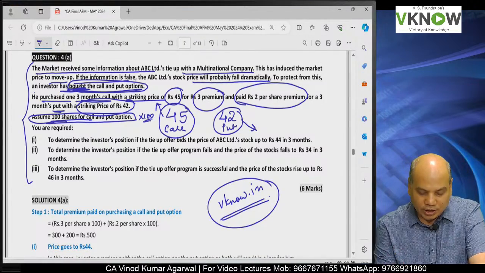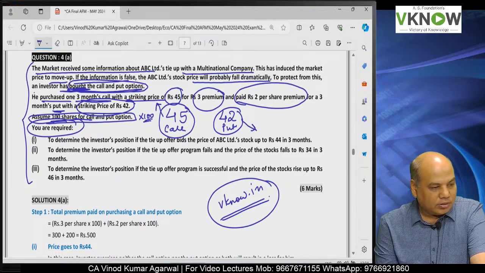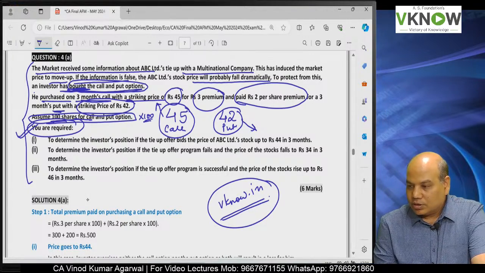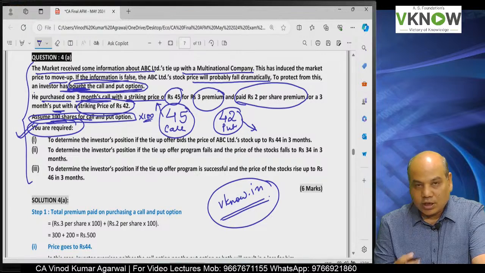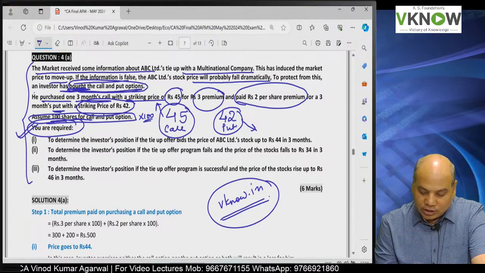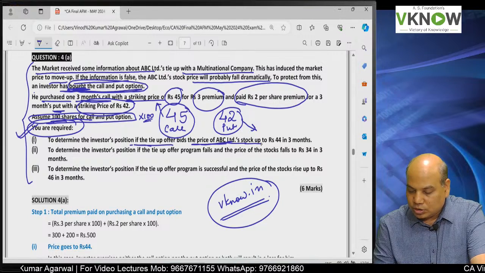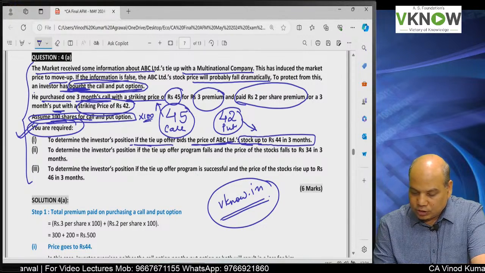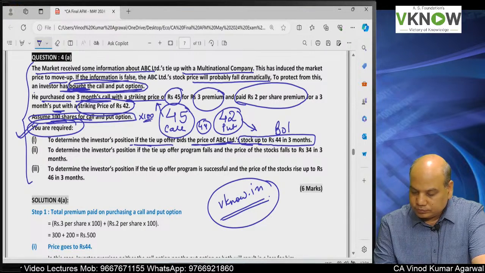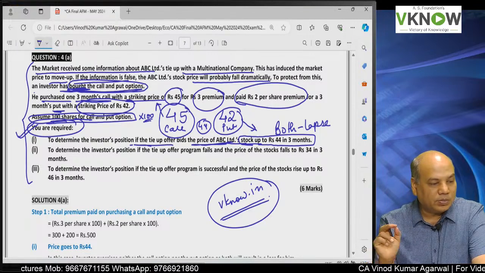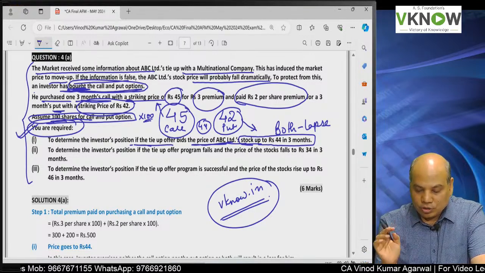You are required to determine the investor's position if the tie-up offer bids the price of ABC stock up to 44 rupees in 3 months. 44 is somewhere between these two. Both options will lapse, and whatever premium you have paid is your loss.